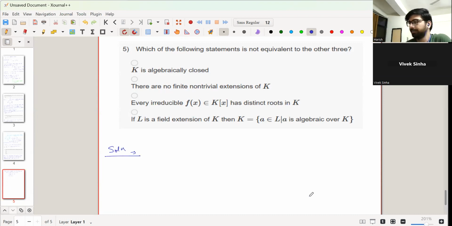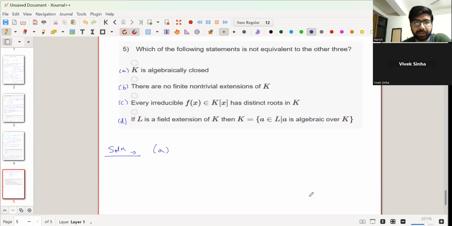First one is K is algebraically closed. There are no finite non-trivial extensions of K. So we are checking. I will give them numbering, say A, B, C, and D.